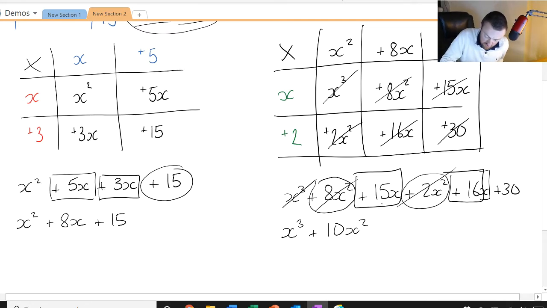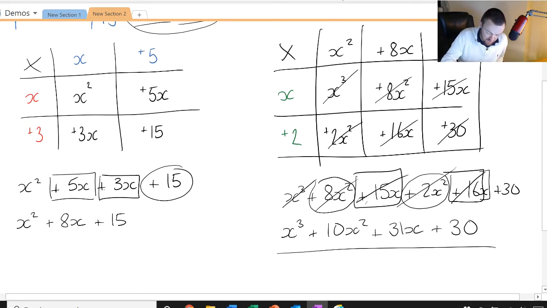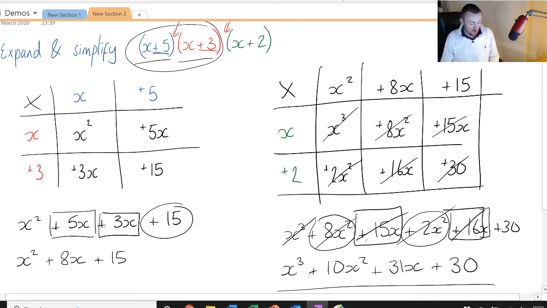So don't just put a box around the 15 and the x. Include the positive as well. So if I've got 15x and I add 16x's, I'm going to have 31x's. And then that plus 30 on the end. That's the answer. So we've expanded all three of those brackets, and we've simplified them to get this answer.